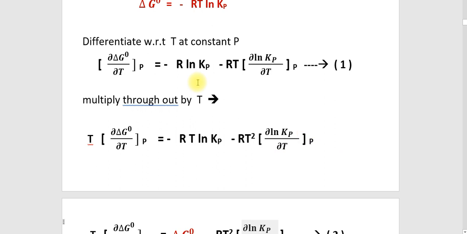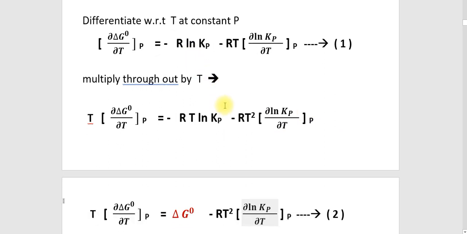Then multiply the above equation throughout by T, and we get T into dou delta G0 by dou T at constant pressure, which is equal to minus RT ln Kp minus RT square into dou ln Kp by dou T at constant pressure.